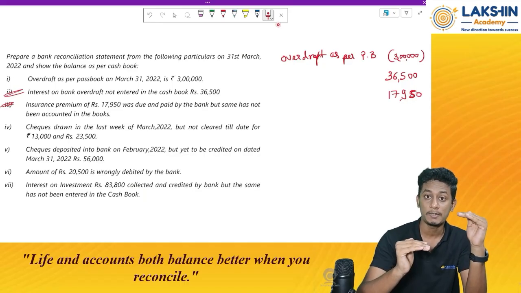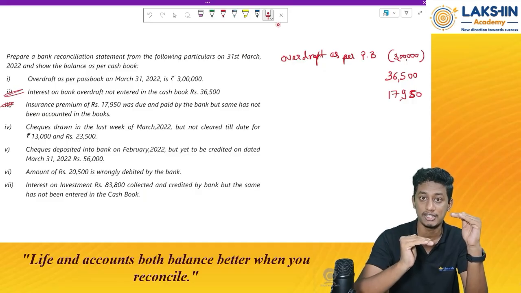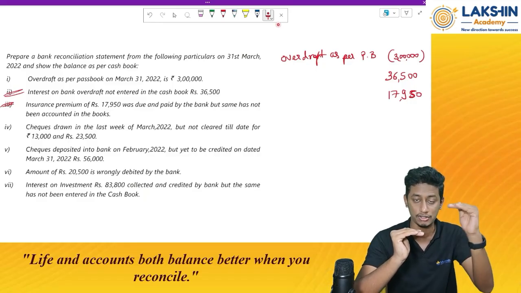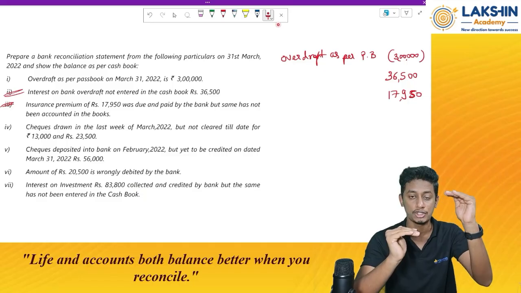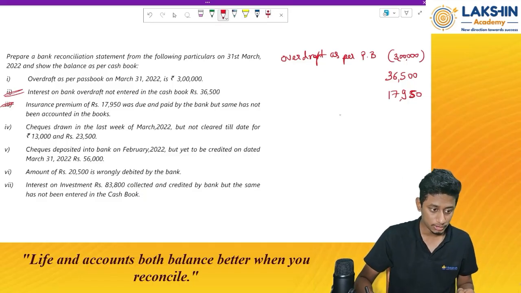The checks were not presented for payment to the bank. So the bank balance will remain the same, whereas the cash book balance has reduced. So to make it equal, should I add or less? I should deduct it, right? Because I can move the passbook. Passbook was more than the cash book, so I am reducing it. So less. What is the value? 13,000 plus 23,500. So that would be how much?